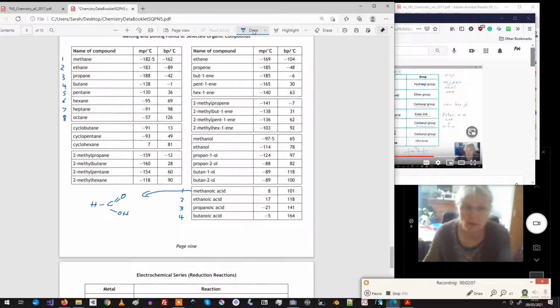Just the one carbon. Butanoic, that would be 4 carbons. Oh, no, not being very accurate. And in an exam you have to put all the little hydrogens around.